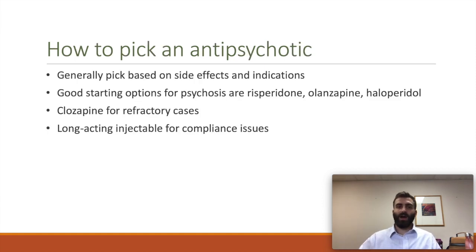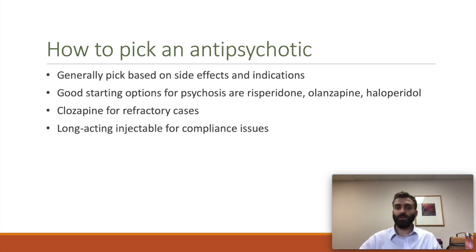Next, let's talk about how to pick an antipsychotic. So remember from the guidelines, they don't tell you a specific agent to pick. It just says pick a first generation or a second generation to start. So you generally pick based on side effects and indications. So also remember that certain medications are only FDA approved for certain conditions.